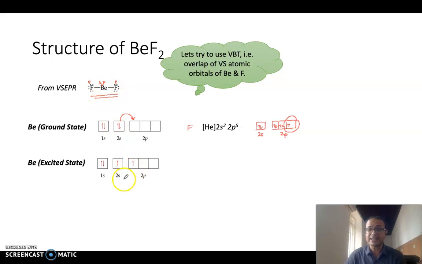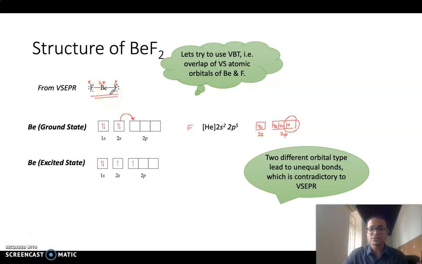To understand that, we need to consider a slight variation, because if we consider 2s overlapping with 2p, this kind of equivalent bonding isn't possible. So two different orbital types leading to unequal bonds is contradictory to VSEPR, because VSEPR predicts that the two bonds are equivalent.